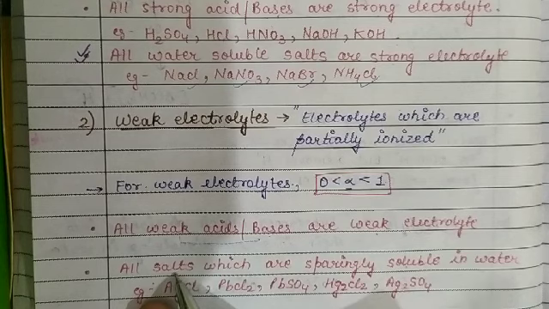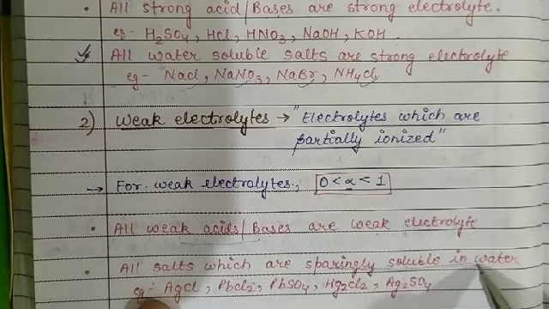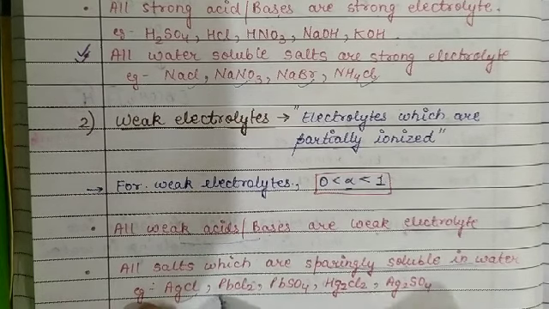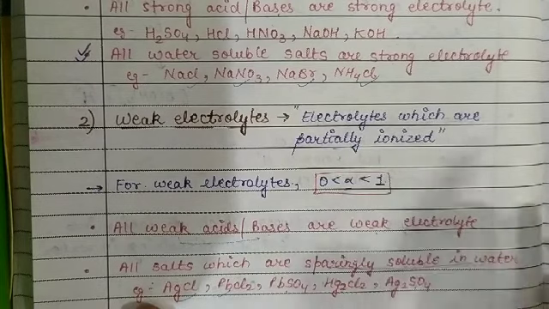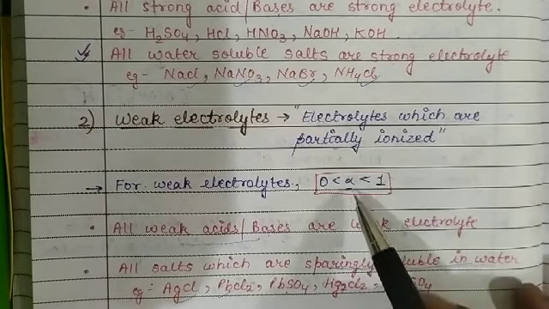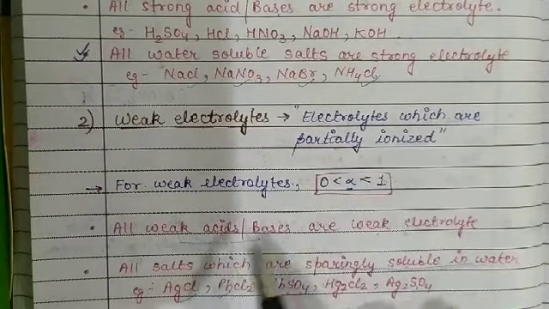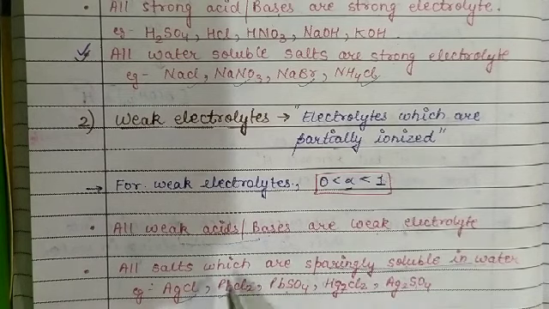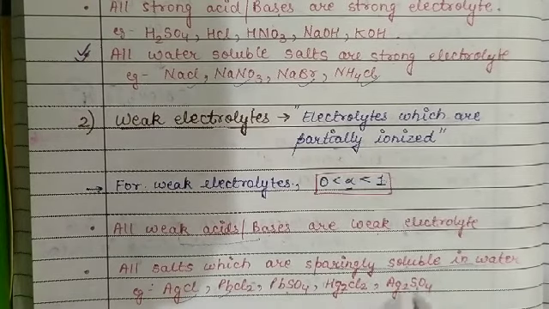And also all salts which are sparingly soluble in water, meaning less soluble in water, like AgCl, PbCl2, PbSO4, Hg2Cl2, Ag2SO4, come under the category of weak electrolytes.